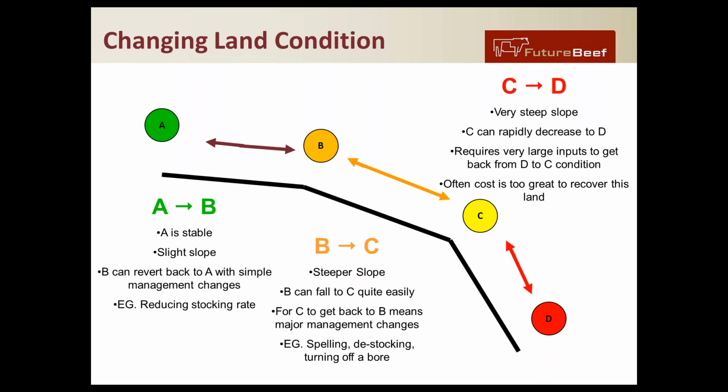If an area becomes C condition from B condition, it's a steeper slope. It can happen quicker than A to B and more easily. Now, to fix this, you'll have to have significant contribution, and that may mean a paddock is completely destocked for a number of wet seasons to ensure that those 3P pasture species have the chance to set seed.